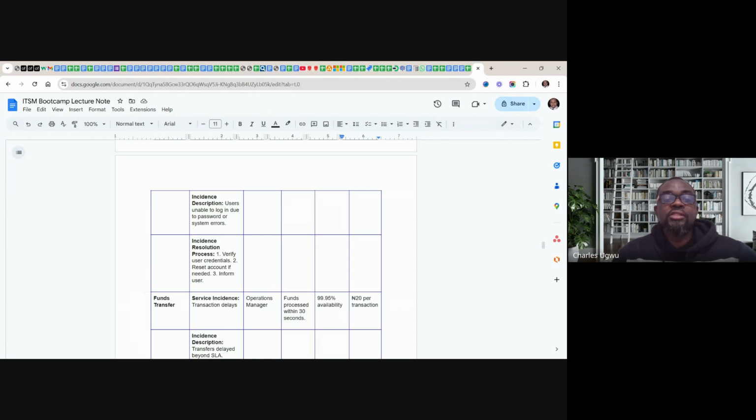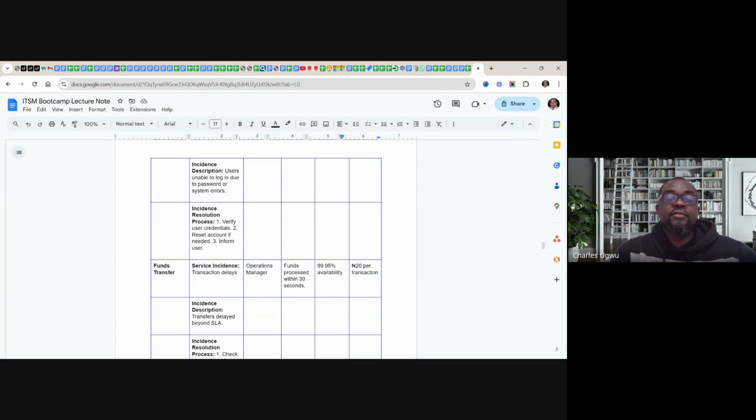And for incident resolution, we didn't apply ITIL here. We just verify user credentials, reset the account, and inform the user. So we didn't apply the ITIL framework here.